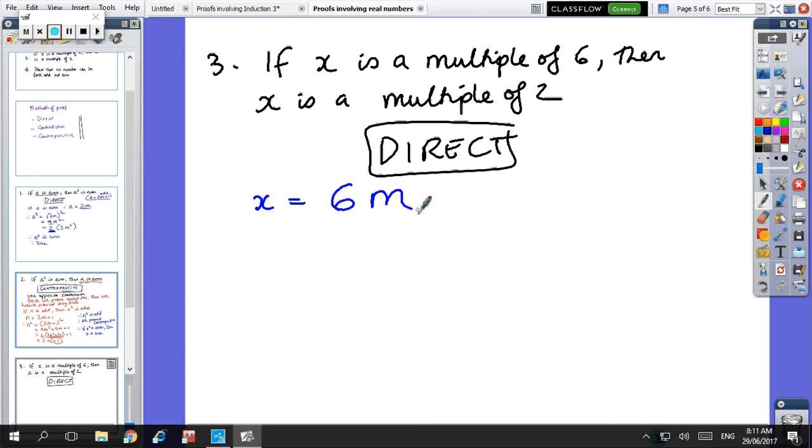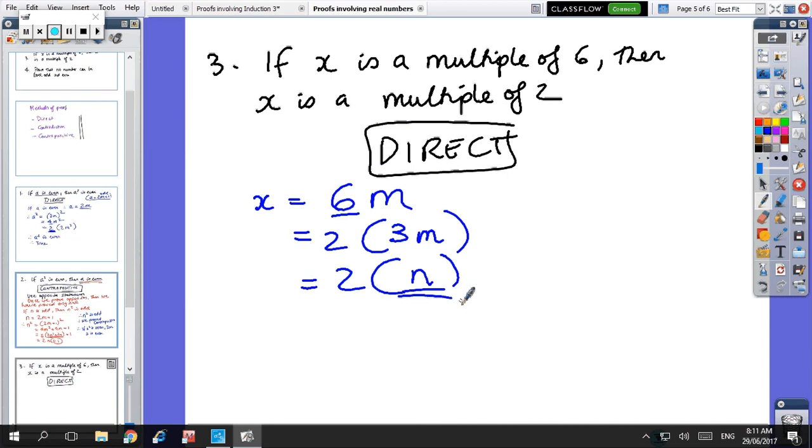Okay, that means it's a multiple of 6, and then obviously 6 has a factor of 2, so now we've got 2 times 3m, so now we've got 2 times something, and once we've got 2 times something, it must be even. And therefore, x is a multiple of 2, as well as being a multiple of 6. Okay. Let's come across to the last one.